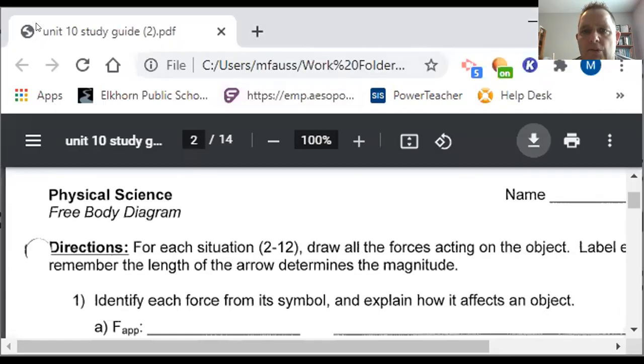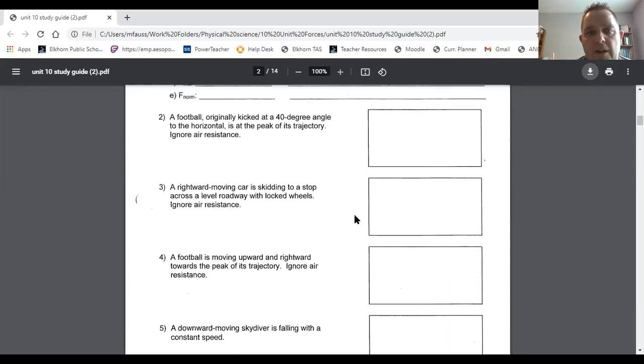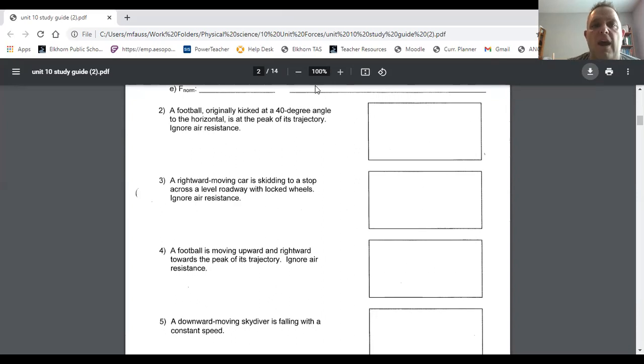All right. So here is our free body diagrams page. Hopefully you have already entered what the applied force is, the air resistance, and so forth. So I'm going to scroll this up a little bit, and we're going to look at number 2.